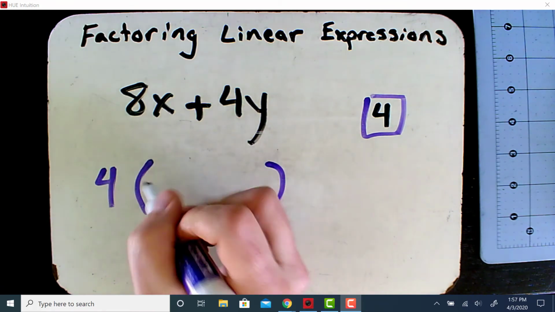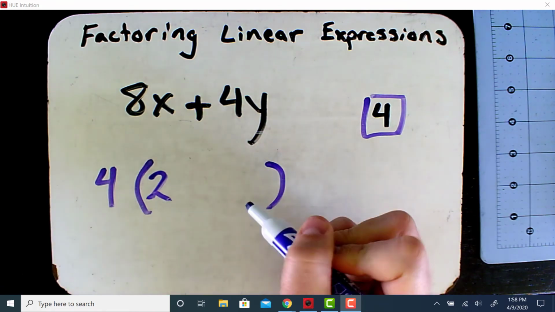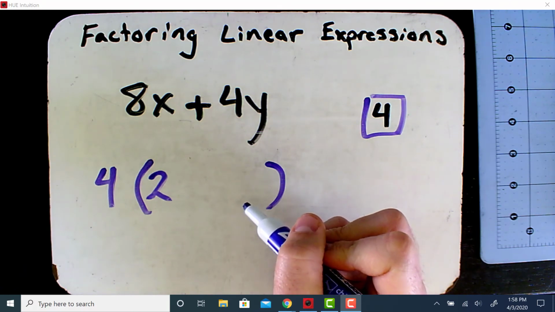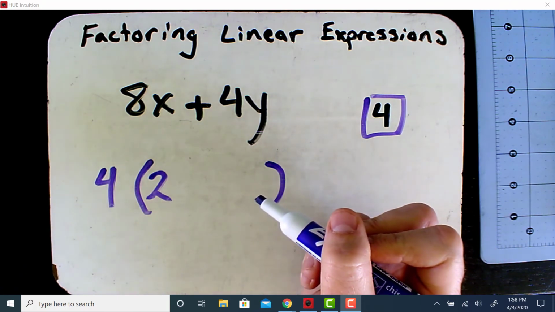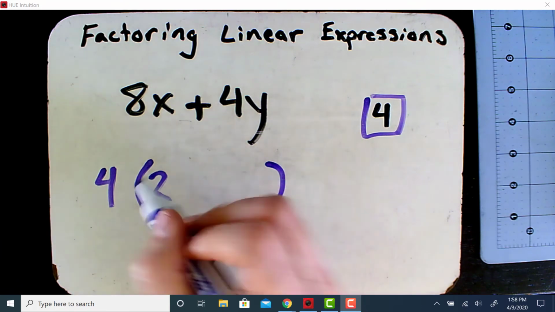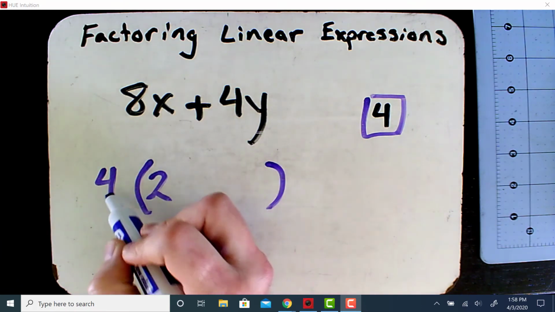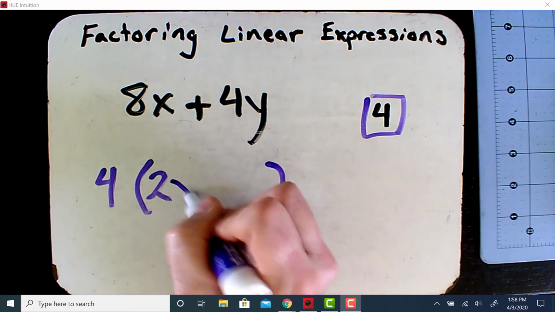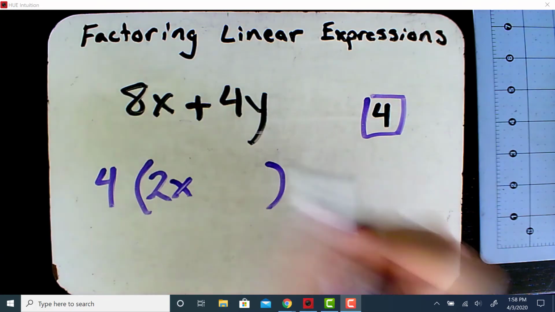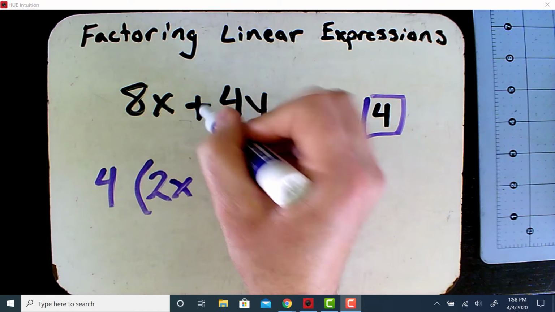Well, 4 times 2 would get me 8. So I'm going to put that 2 here in the parentheses like it was going to be a distributive property problem. And I need to have 8x. So I'm going to have to do 4 times 2x to get 8x. Now I'm going to need a plus sign.